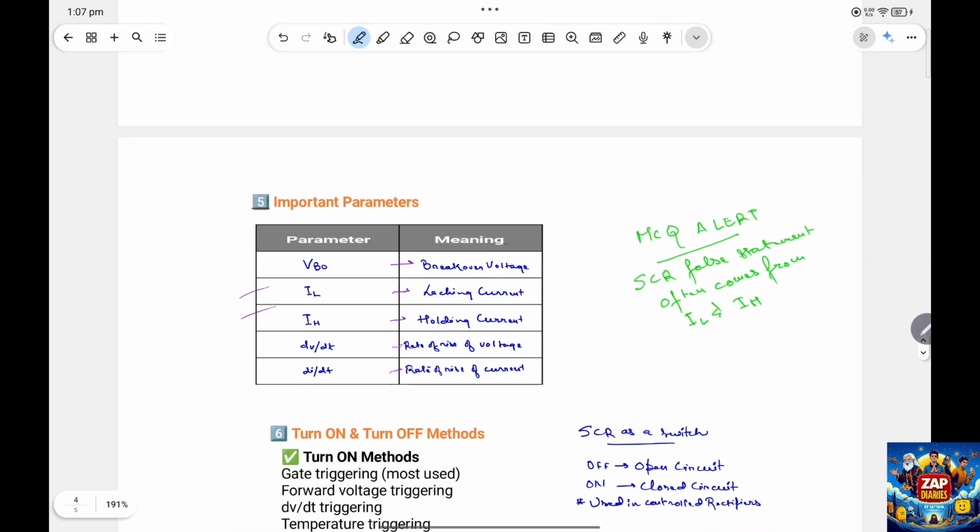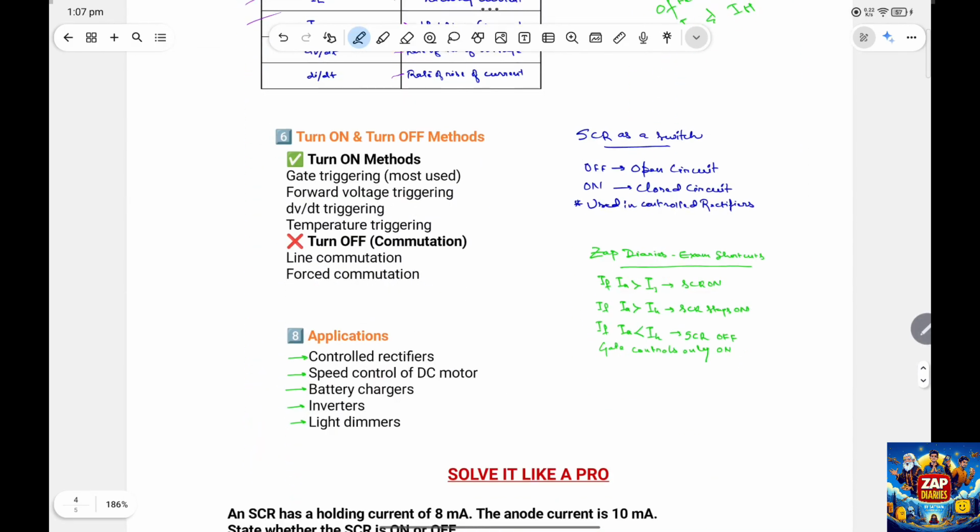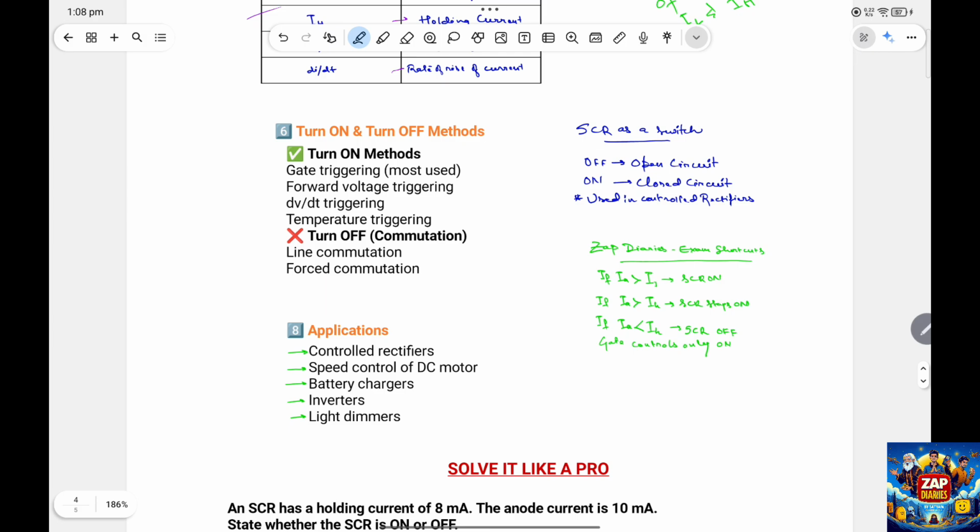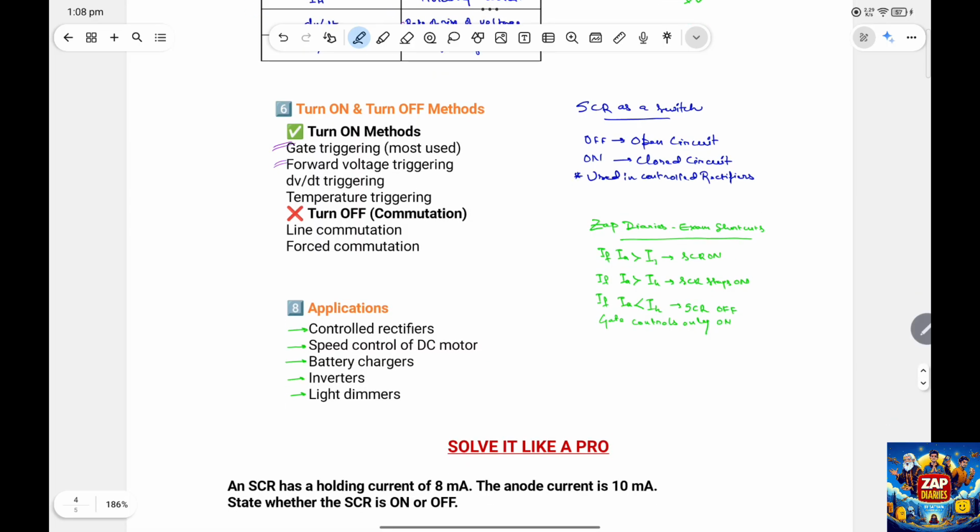We have discussed the turn-off and turn-on methods. Now simplifying those two for easy remembrance. The turn-on methods of an SCR are, of course, the most common one, gate triggering. Then we have forward voltage triggering and dV/dt triggering. Even in an SCR, temperature triggering also turns on the SCR.